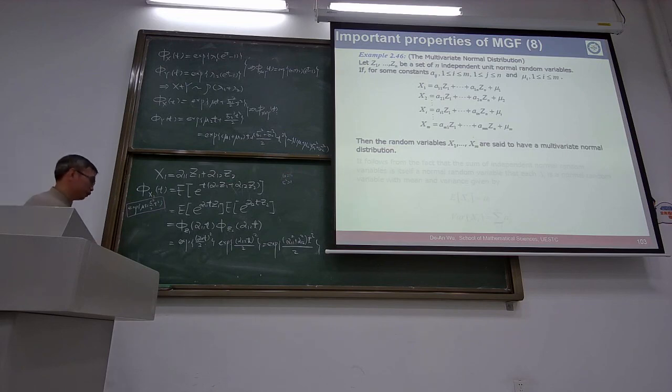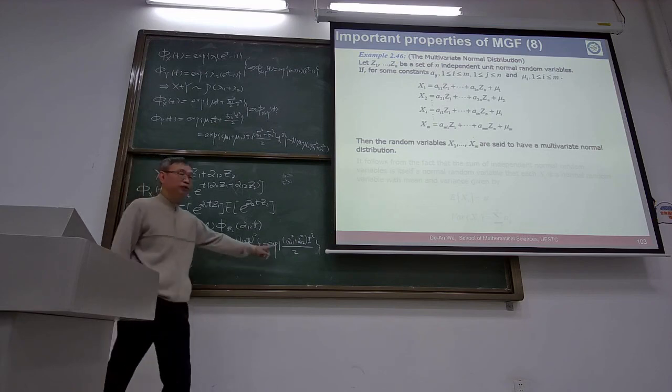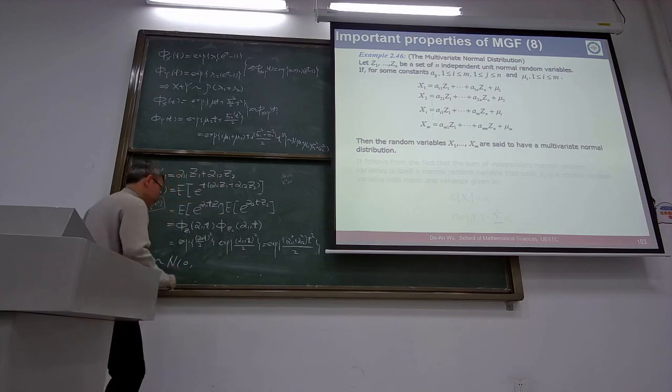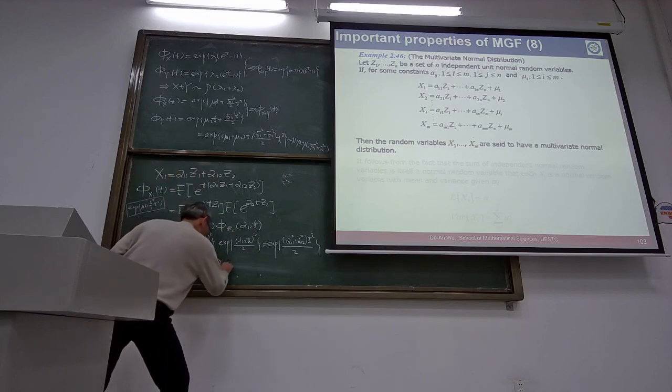That is to say x1 follows normal distribution with mean zero, and the variance is alpha 1 1 square plus alpha 1 2 square.